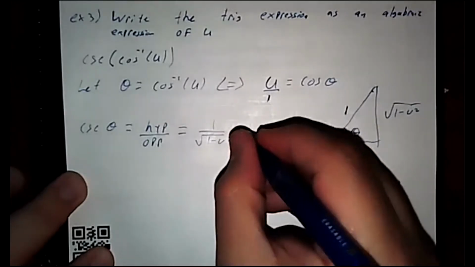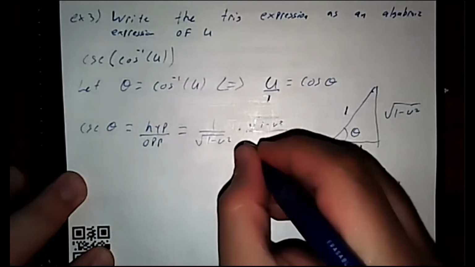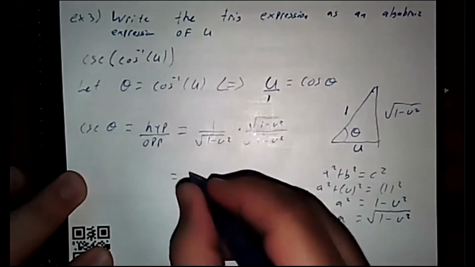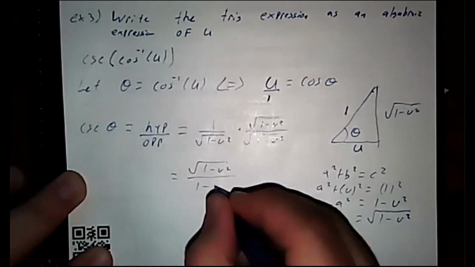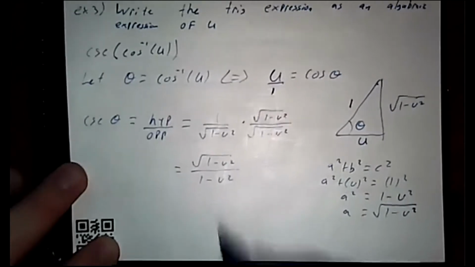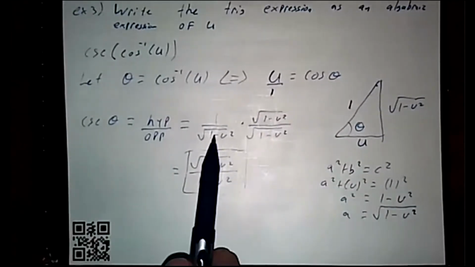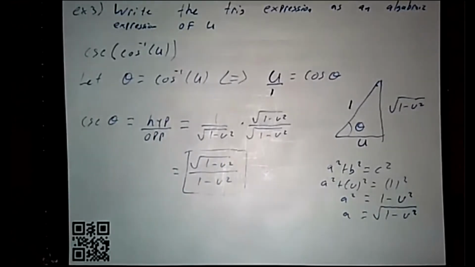Then you can rationalize by multiplying the top and bottom by the square root of 1 minus u squared. So that will give us the square root of 1 minus u squared over 1 minus u squared. So this is the more proper answer, but the other one would be technically right, though they may ask you to rationalize.